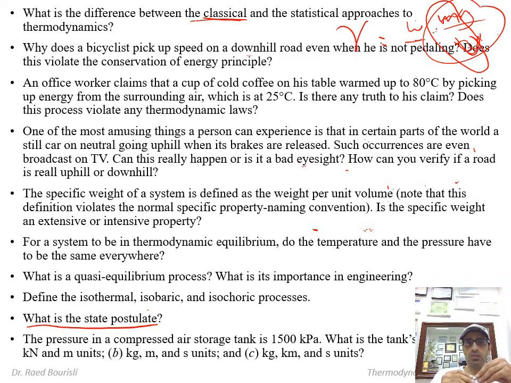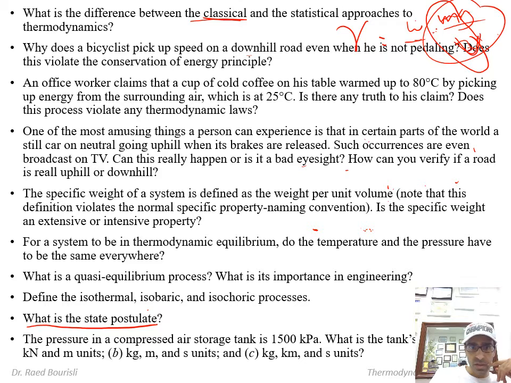So we specify a simple compressible system. The state of it is completely specified by two independent intensive properties, and we talked about what it means to be independent and what it means for a property to be intensive. Okay, and two, you know what two is.